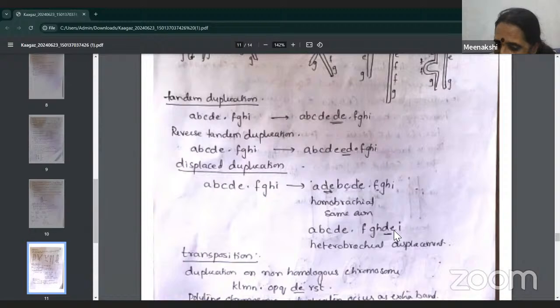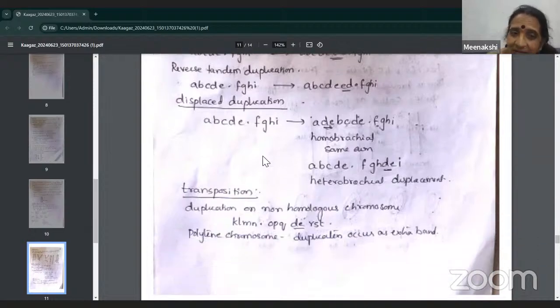Suppose if this DE comes here in the short arm, ABCD is long arm, normal, FGHDEI. When it is having the duplication in the other arm, it is called as a heterobrachial displacement. And there is another type of displacement which is called as transposition. It will bring about this duplication in another chromosome, not the homologous chromosome, but another chromosome.